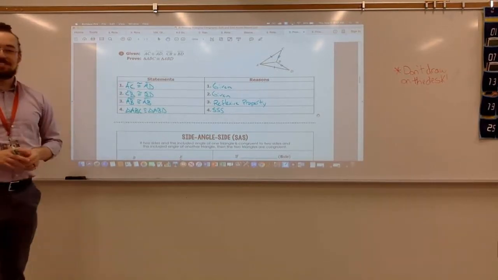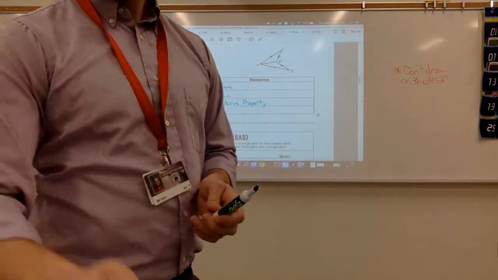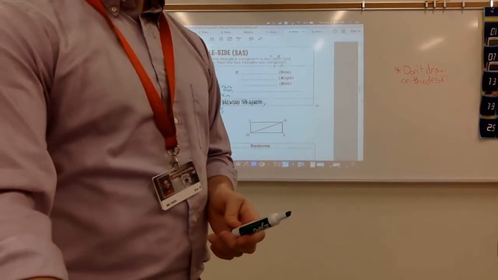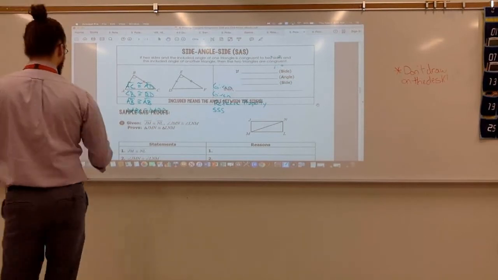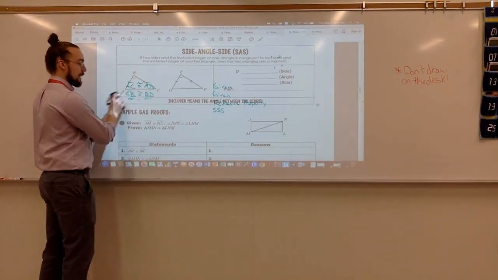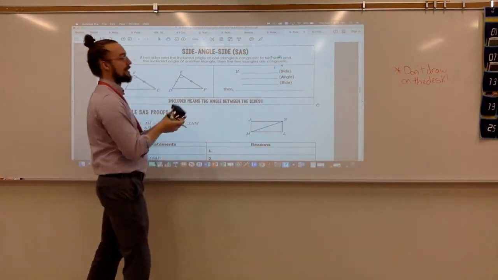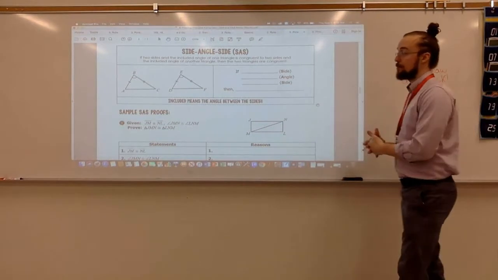Any questions on side, side, side? Does the angle have to go in the middle? Yes. So let's take a look at side angle side then. On this one, remember we said in order for this to work, we have to show that 2 sides are congruent and then the angle that's between them is congruent.